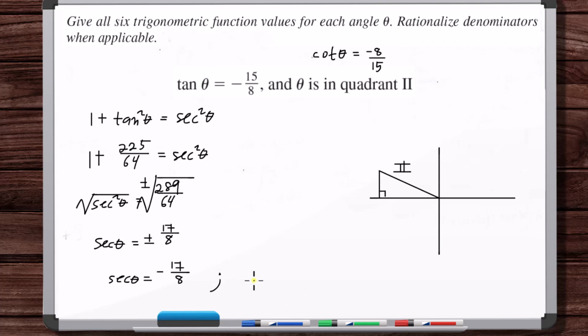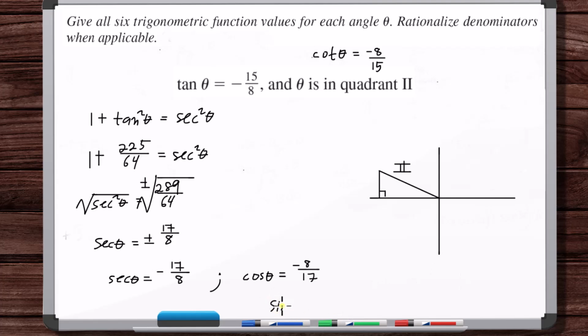The reciprocal of secant is cosine, so minus 8 over 17. Now we can use the quotient identities. So tangent theta is equal to sine theta over cosine theta, and so sine theta is tangent theta times cosine theta.